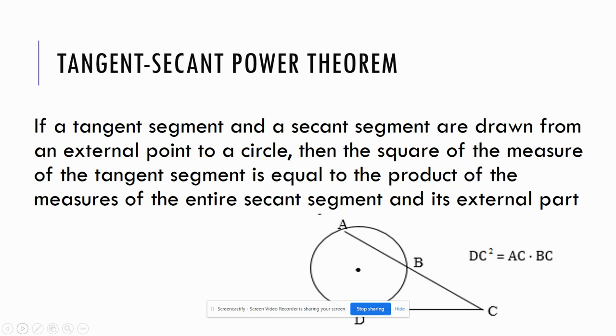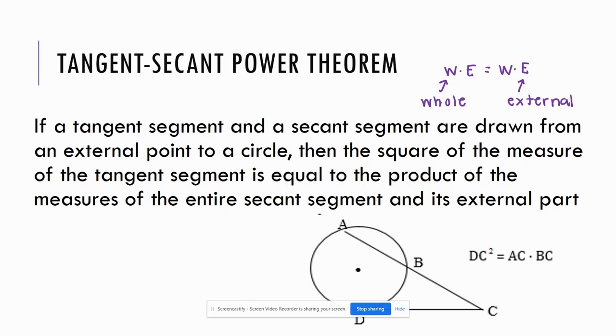Another way to help us remember this power theorem is to think about the phrase "we." I know that's a little bit funny, but when I'm talking about "we," I mean that W stands for the whole part and E stands for the external part. And it works for this tangent-secant power theorem. Notice that DC is the whole entire tangent segment, but it's also everything that's outside of the circle.